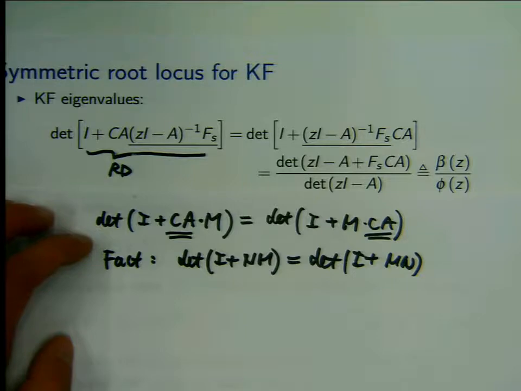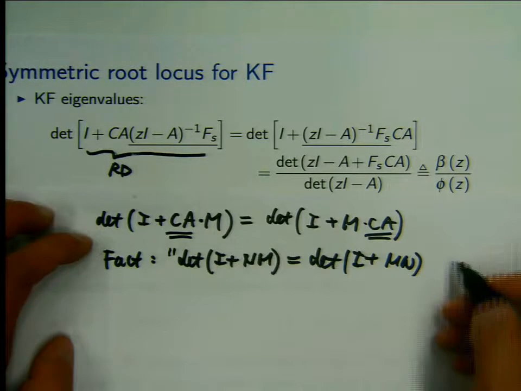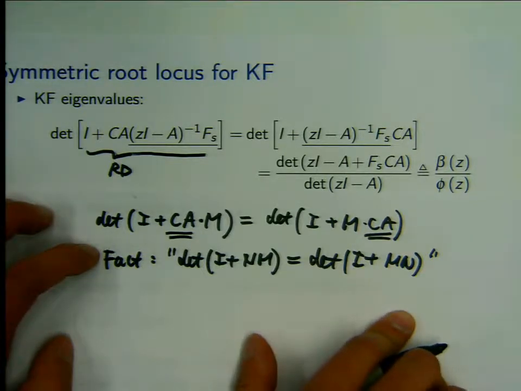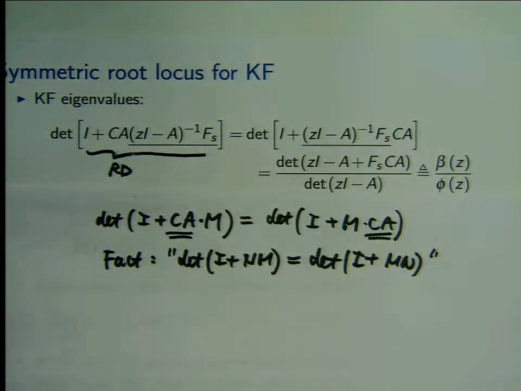How many of you want to see the proof of this? If at least half of you wanted to see the proof, I will do the proof. Otherwise, I will send a reference to you after class.